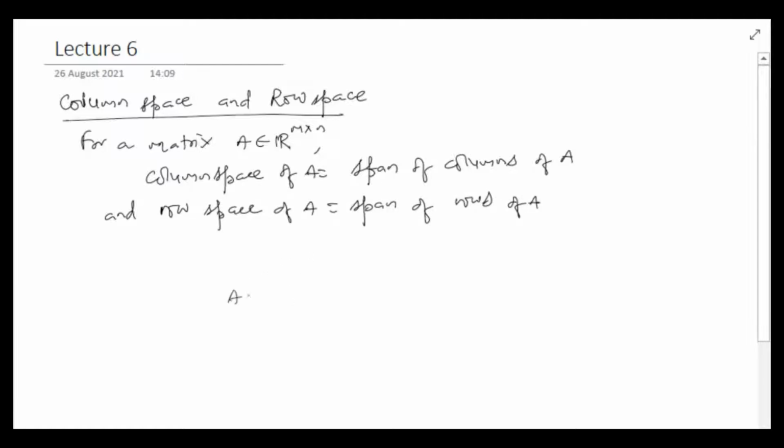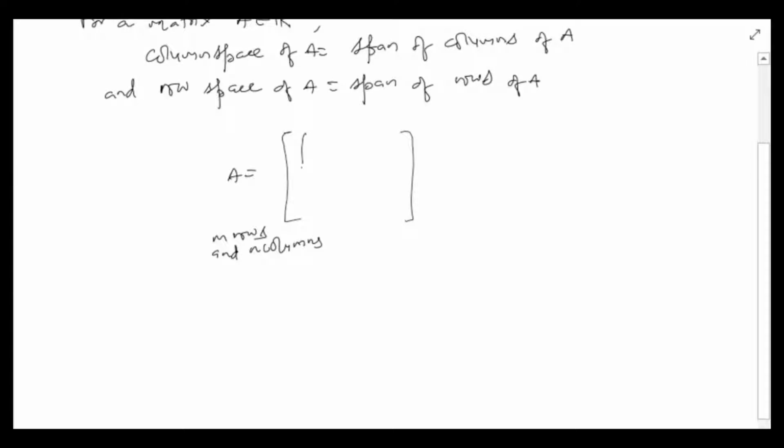What we mean is that if A is an M cross N matrix, say it has M rows and N columns, then each of its columns is a vector in Rm, and there are n such vectors.